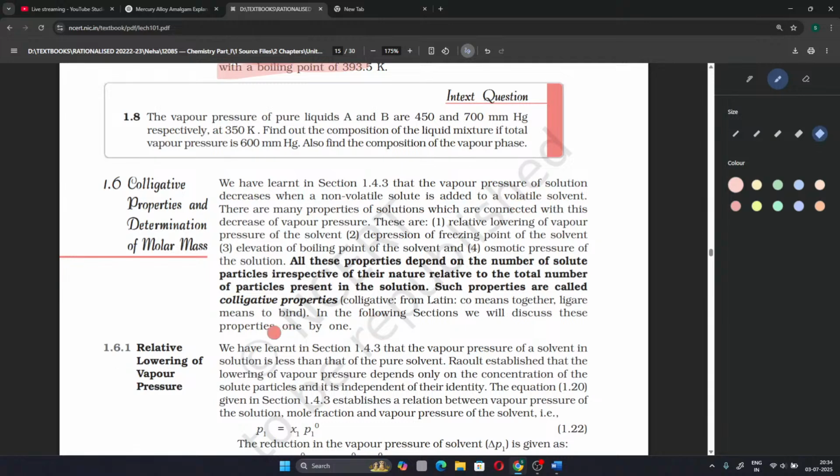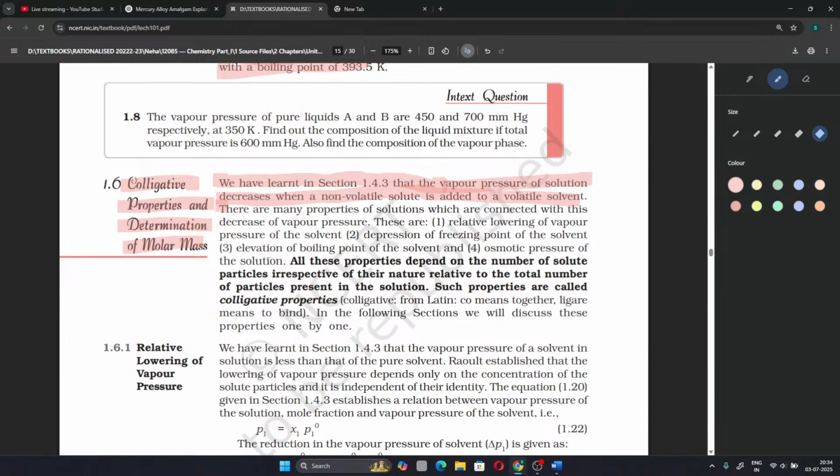Now, one of the main topics: colligative properties and determination of molar mass. This question is basically using Raoult's law. We will get the answer if we use Raoult's law. We have learned in section 1.4.3 that the vapor pressure of a solution decreases when a non-volatile solute is added to a volatile solvent.